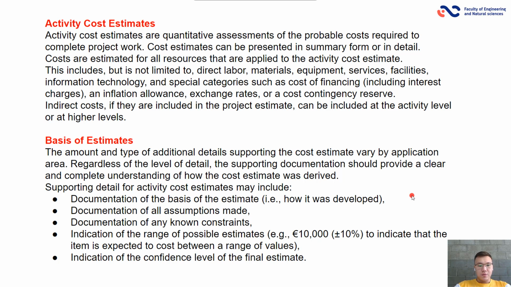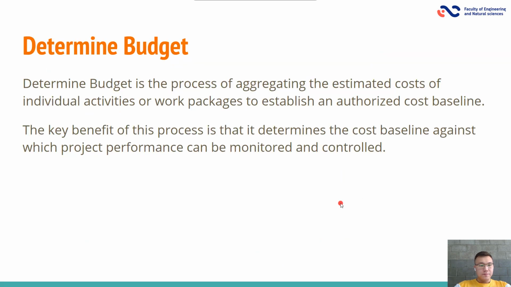Supporting detail for activity cost estimates may include documentation of the basis of the estimate, documentation of all assumptions made, documentation of any known constraints, indication of the range of possible estimates, and indication of the confidence level of the final estimates.